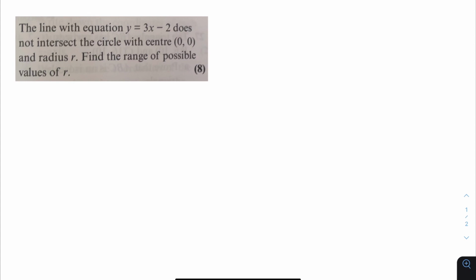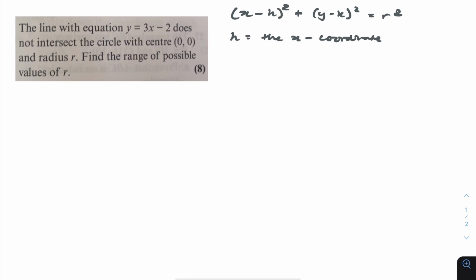So first, we recognize that the circle formula is (x minus h) squared plus (y minus k) squared equals r squared, where h is the x coordinate of the center, k equals the y coordinate of the center, and r is the radius of the circle.